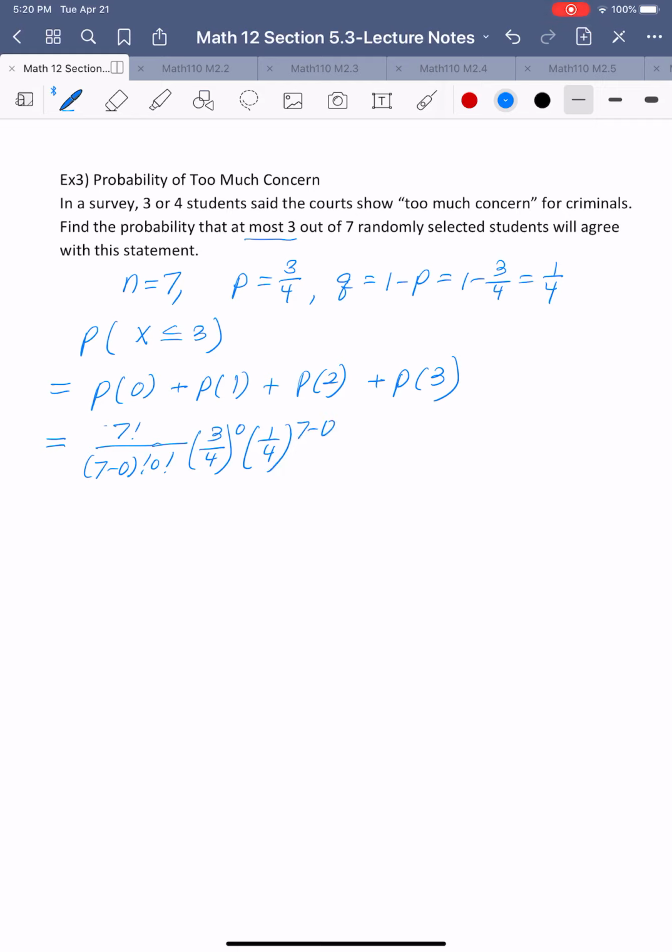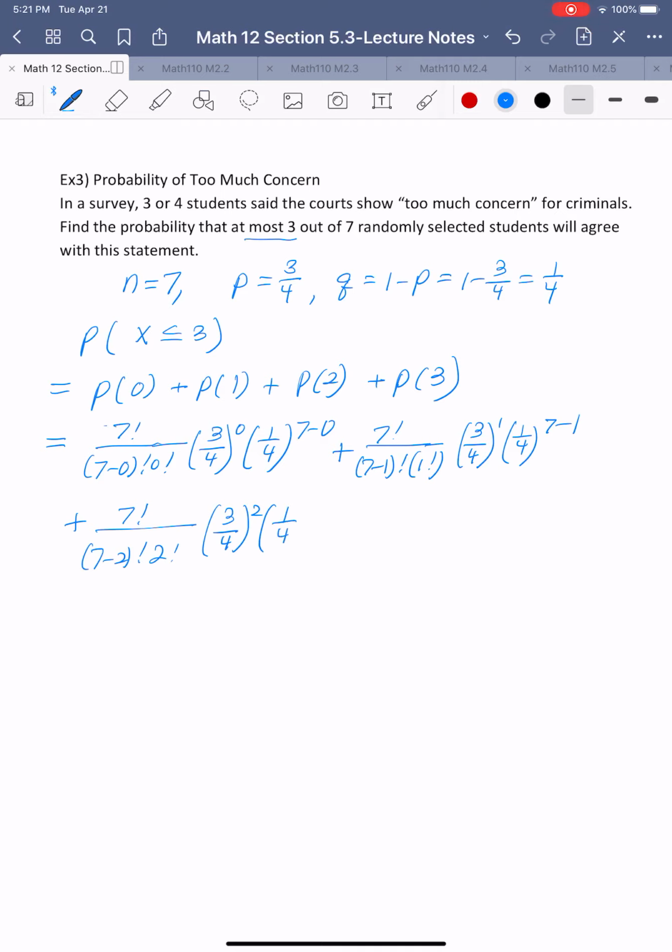And then we'll get the number, plus. Now P of 1 means 7 factorial over 7 minus 1 factorial, and 1 factorial, then 3 over 4 to the first power, 1/4 to the 7 minus 1. And then P of 2 means 7 factorial over 7 minus 2 factorial and 2 factorial, 3 over 4 to the power 2, 1/4 to the 7 minus 2.